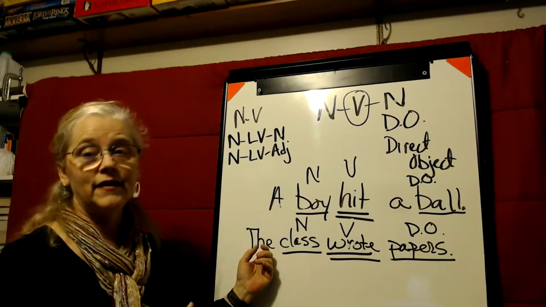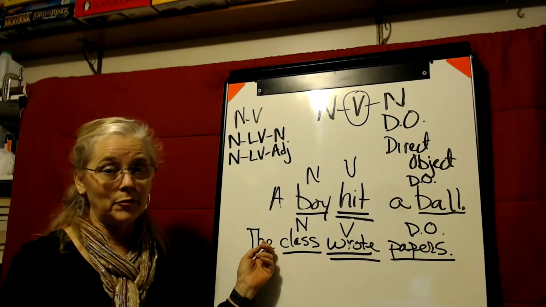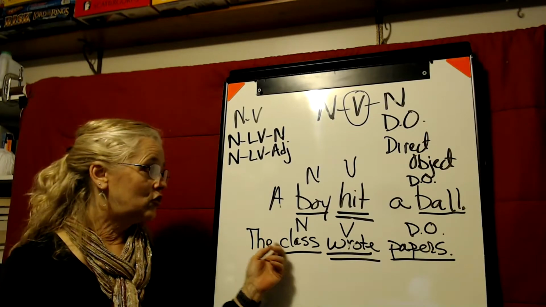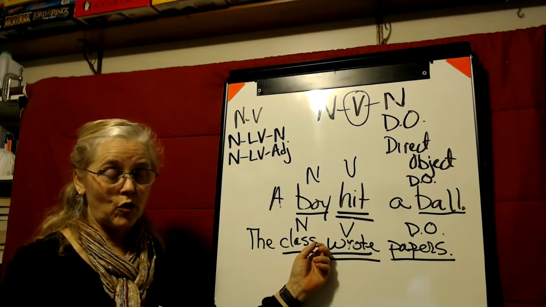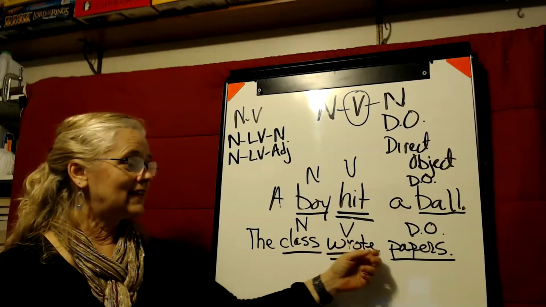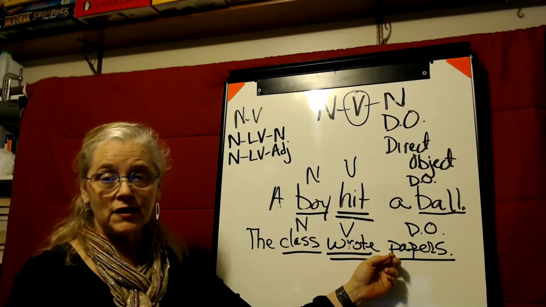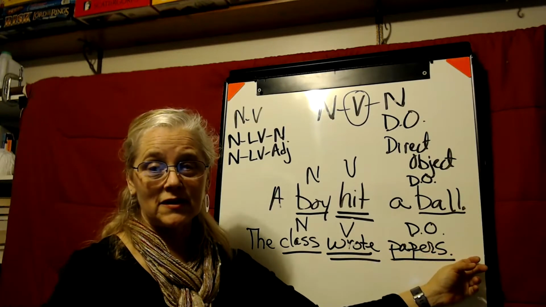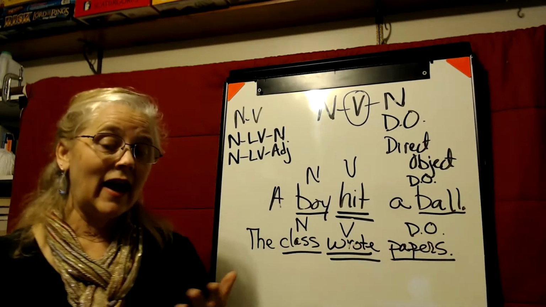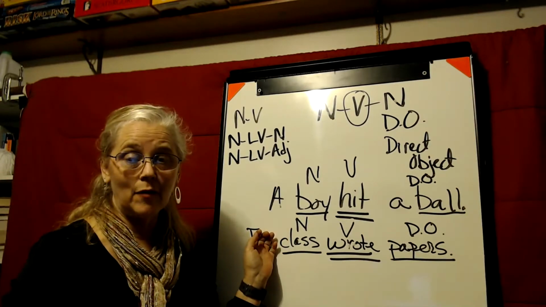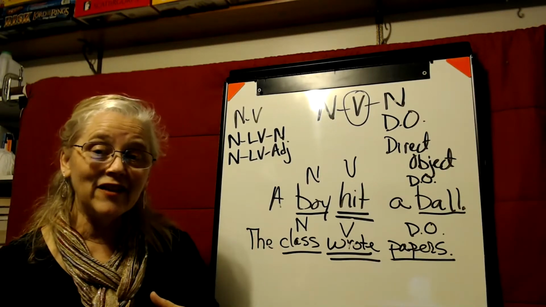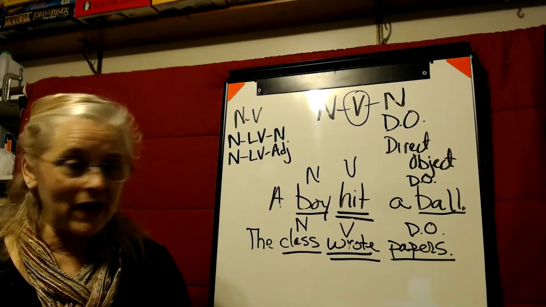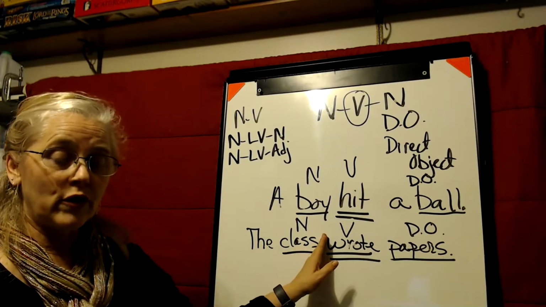Now, these are simple sentences, and they can be expanded. I could say the amazing basic comp class during fourth quarter wrote exceptional papers about topics of their interest. So I added adjectives, amazing basic comp class. I added an adverb prepositional phrase, during fourth quarter.